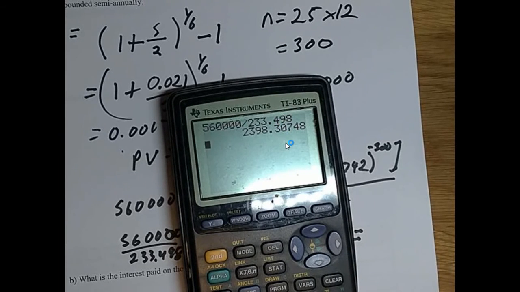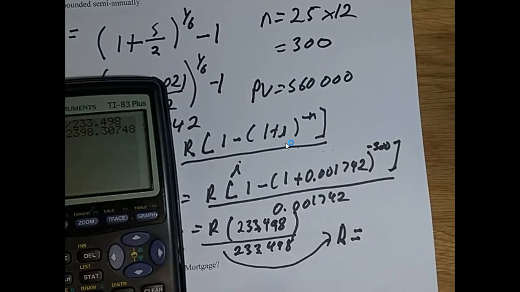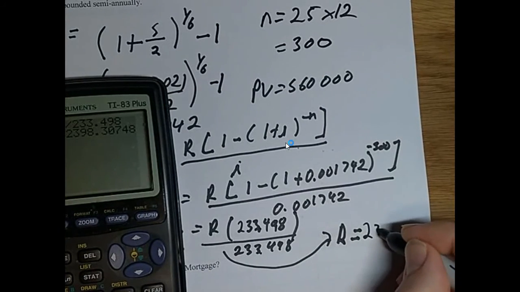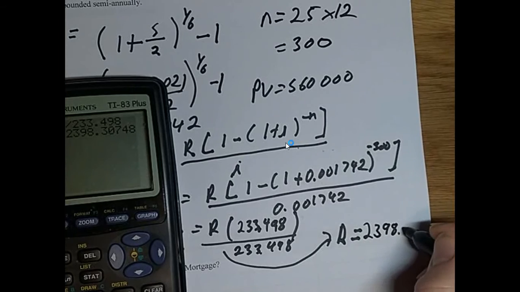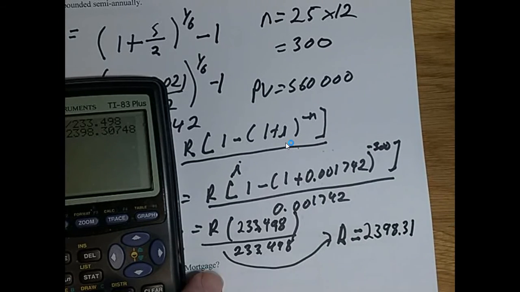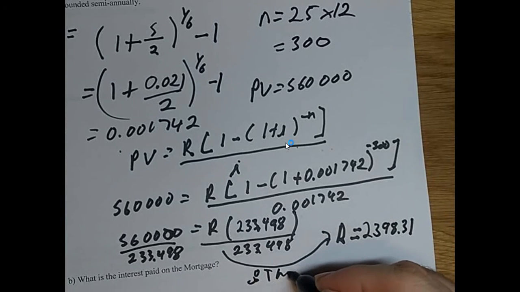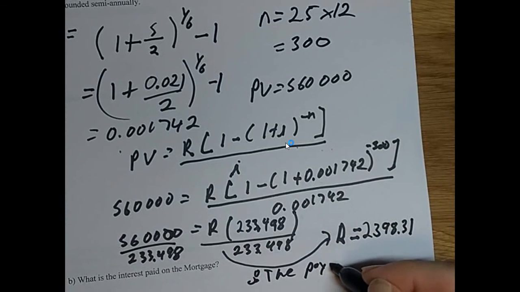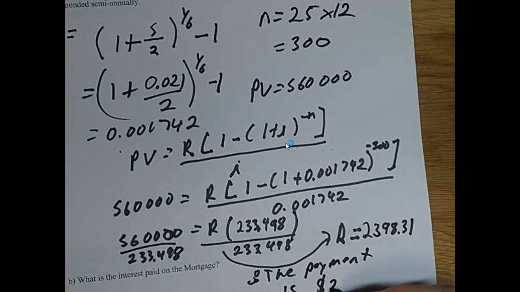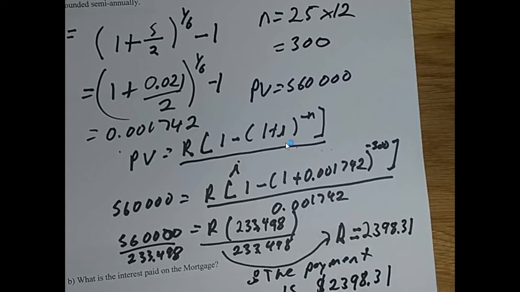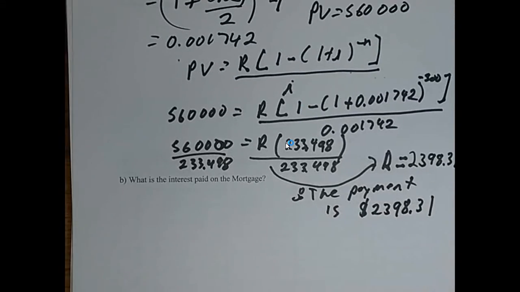So our payment's 2,398 and 31 cents. Then you put a little sentence: therefore, the monthly payment is $2,398.31. We're going to go on to B part down here.